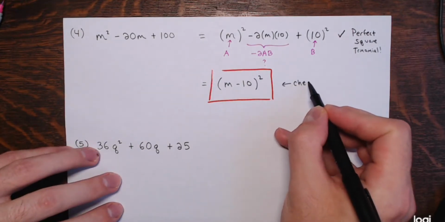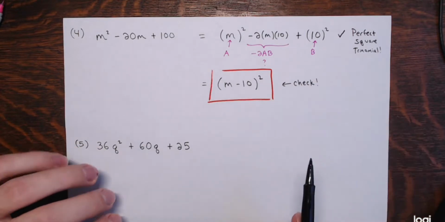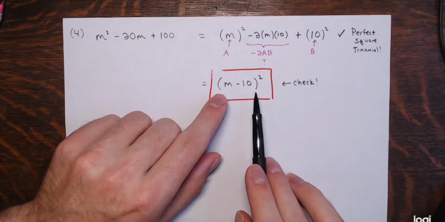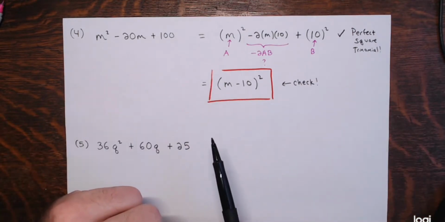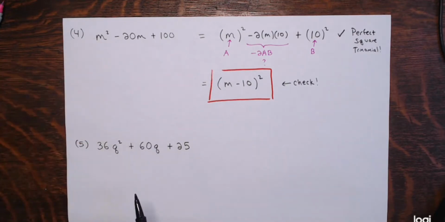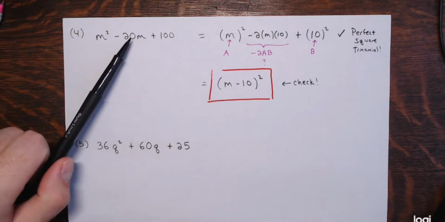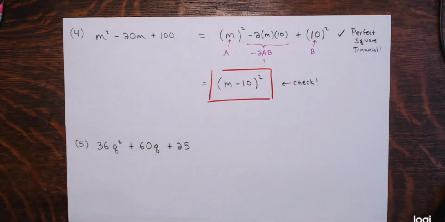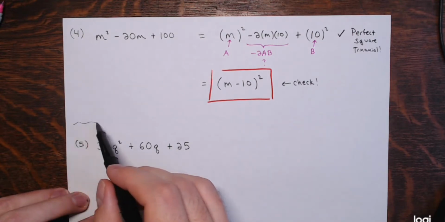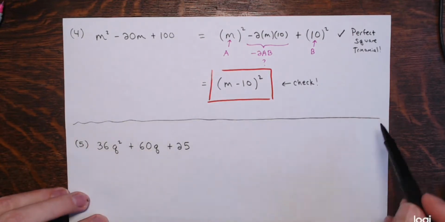Always check your work. Take m minus 10 times m minus 10 again, and see that you get m squared minus 20m plus 100. And you can also test that these two expressions are the same value no matter what you plug in for m.